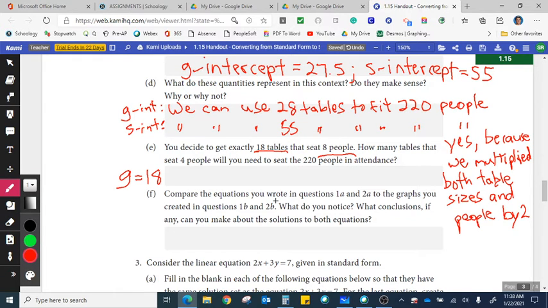We plug it into our formula: 4s plus 8G, which is now 18, equals 220.